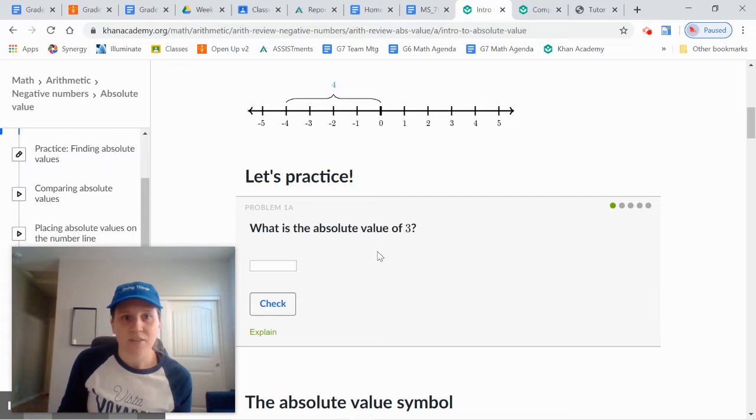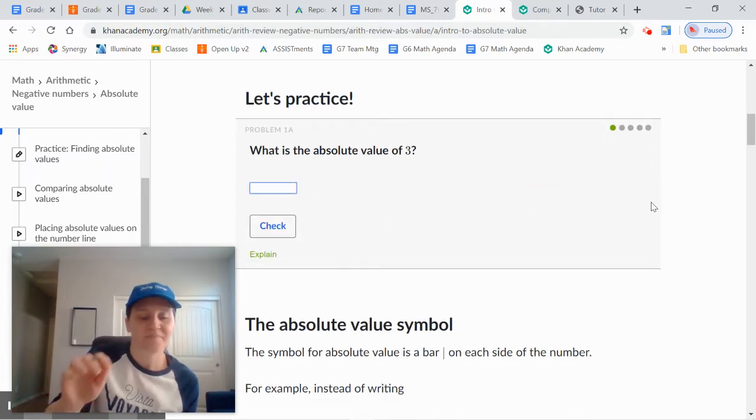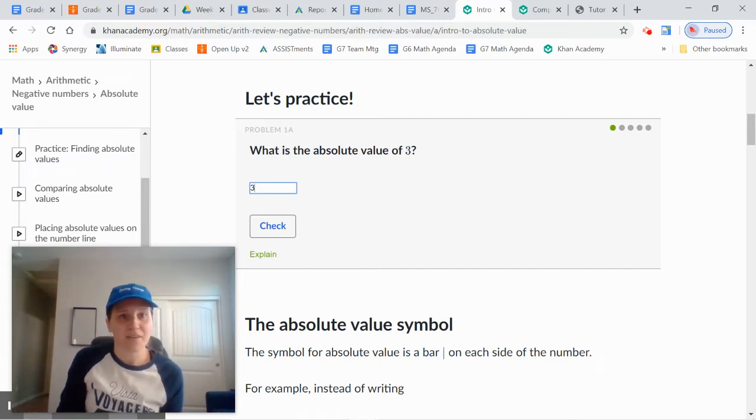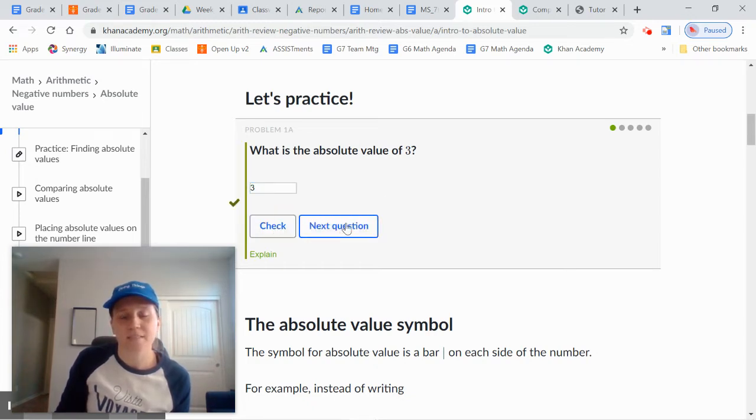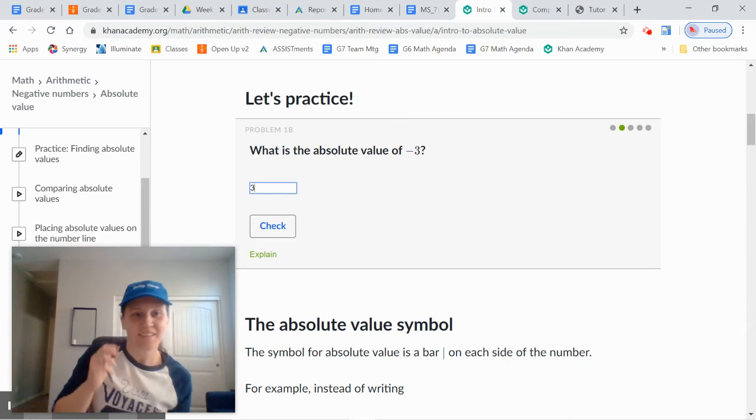Okay. So let's practice. What is the absolute value of 3? The absolute value of 3 is 3. That's because from 0 to 3 on the number line is 3 spaces. Nice. What is the absolute value of negative 3? Hopefully you said 3.